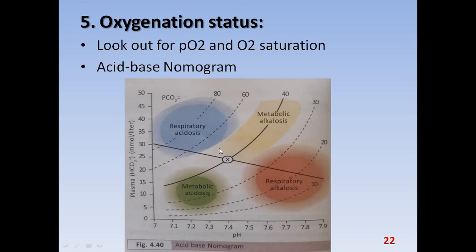So this is the nomogram showing the disorders where plasma bicarbonate, partial pressure of carbon dioxide, and pH are plotted. Now we will go and see how the sampling is done, how the sample is collected, and after that how we put the sample for test using the analyzer.